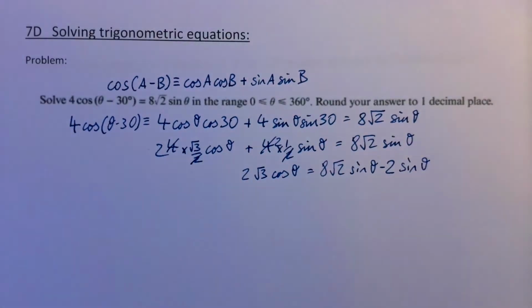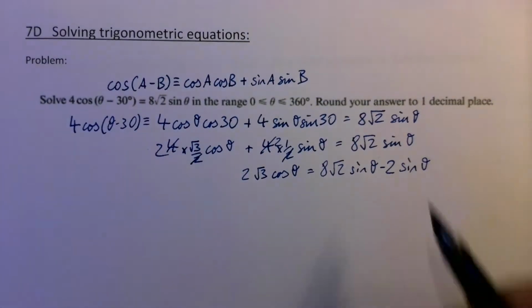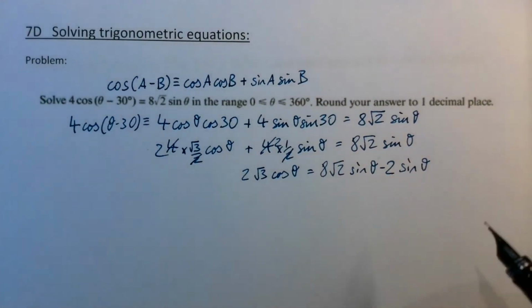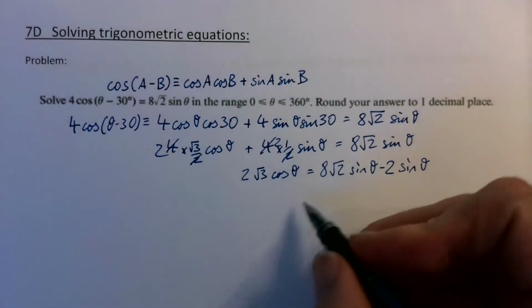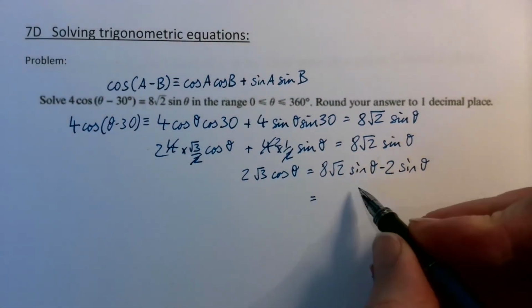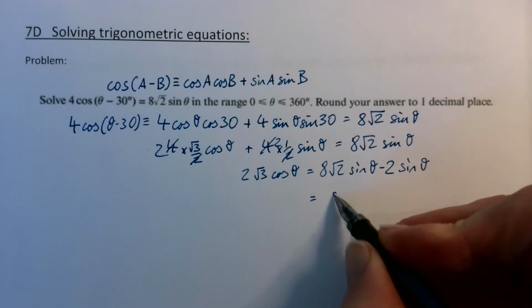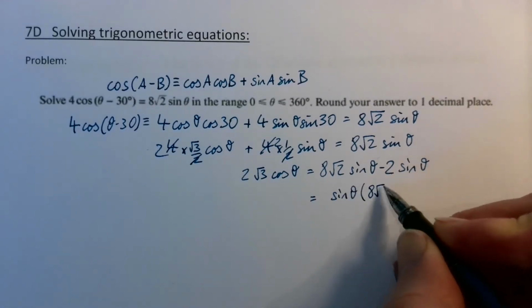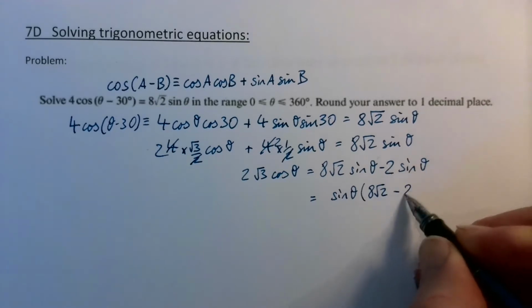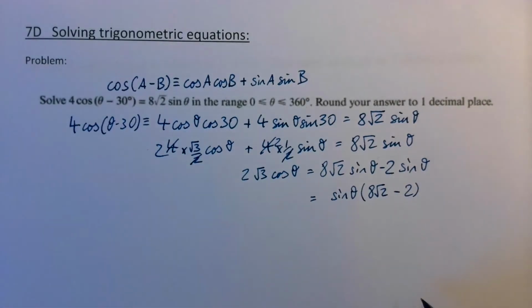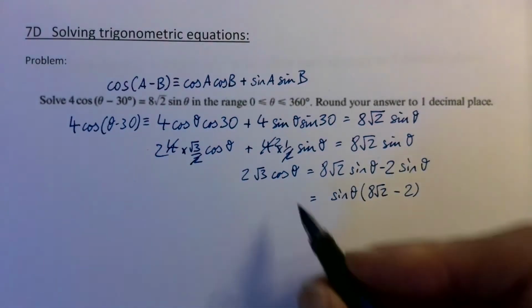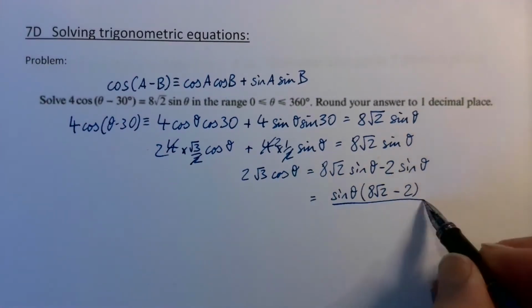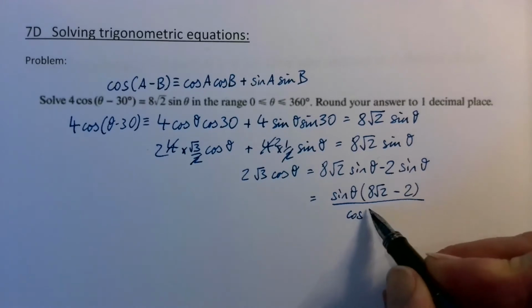Now in order to get the tan we need to only have one term with sine theta, and we can do that by factorising. So that's going to give us on this side sine theta outside the bracket, and then 8 root 2 take 2 inside. I'm going to want to divide by cos theta, aren't I, was saying.